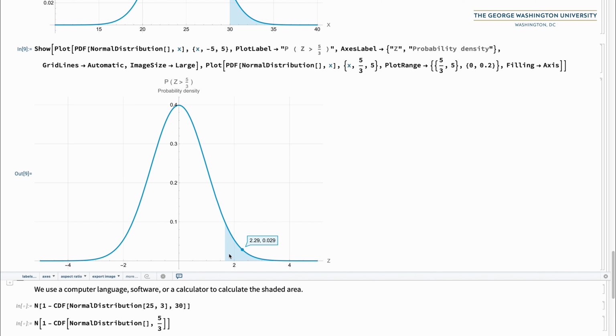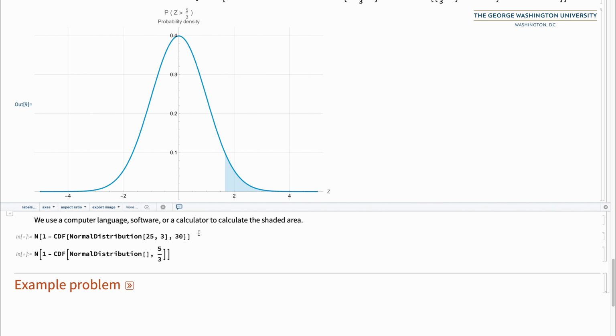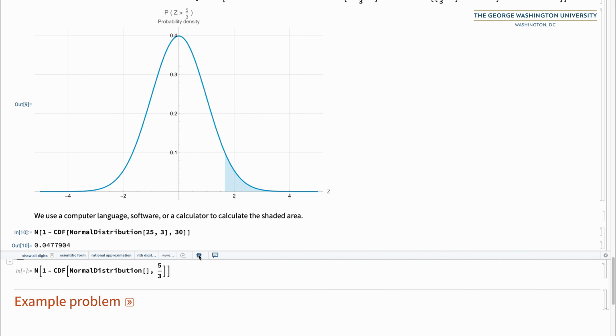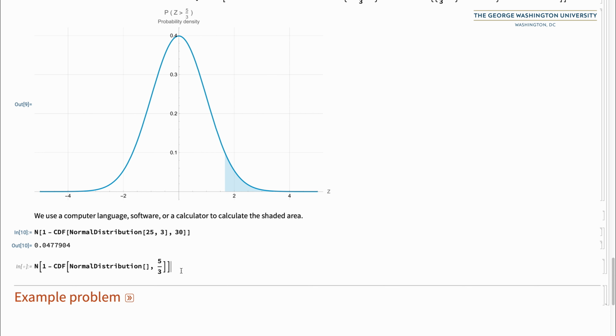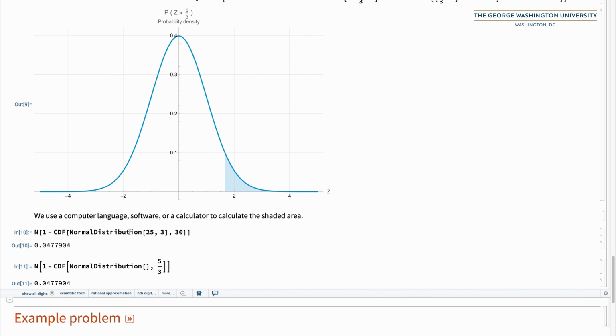I still want to know this funny looking shape, what is its geometric area. That is the probability, because this is a probability density function. And if I use software, I'm going to get about 4.779%. And if I use the actual 25 and 3 or 0 and 1, I get exactly the same result.